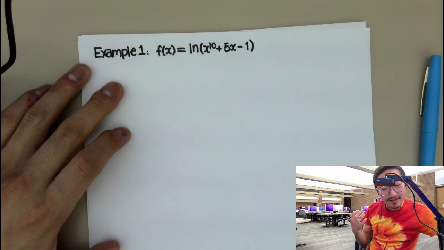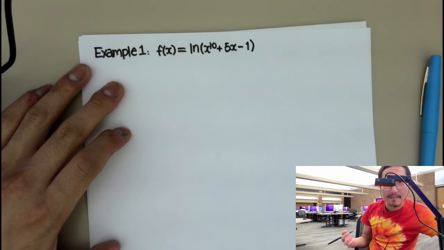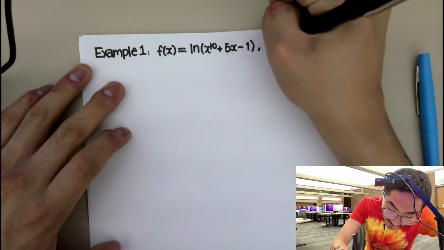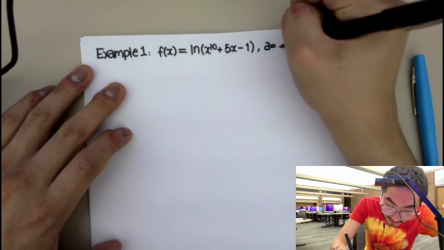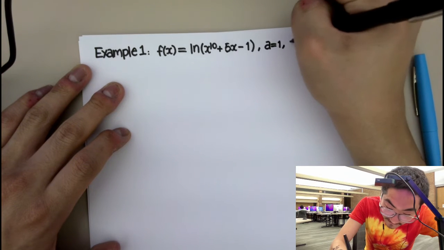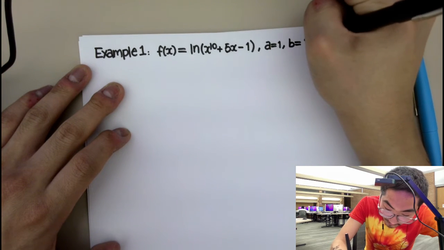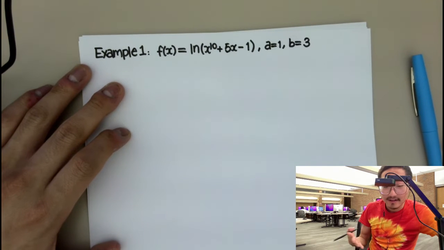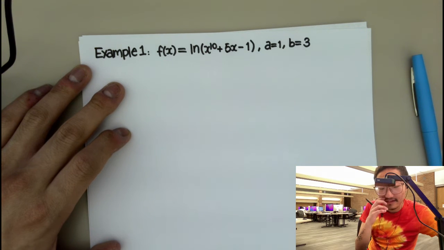You probably don't want to do integration by parts here. We have the interval from a equals 1 to b equals 3.